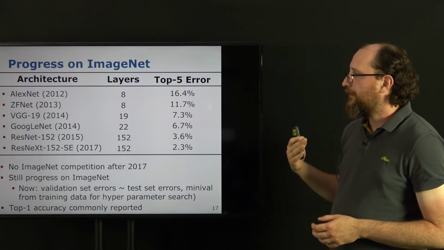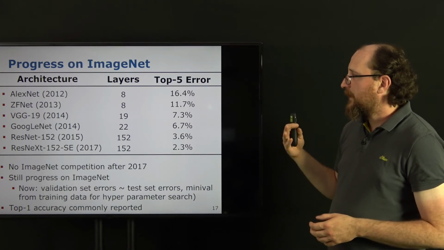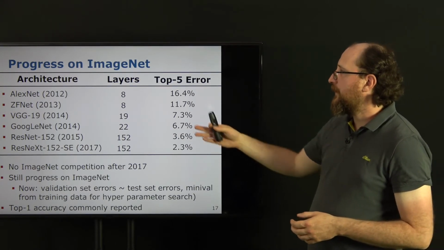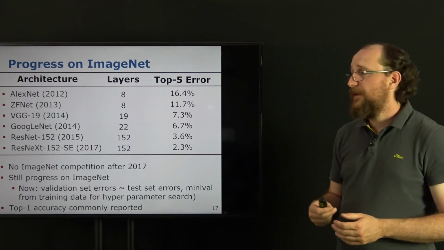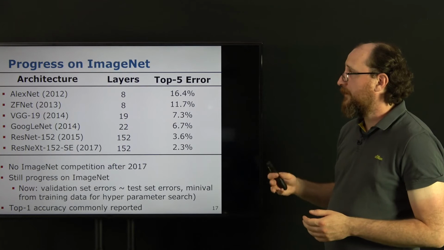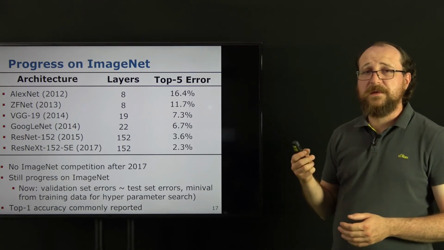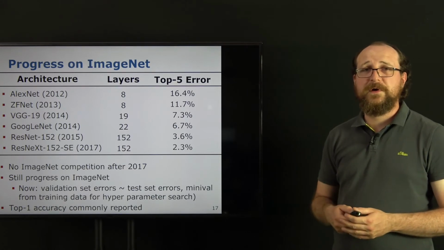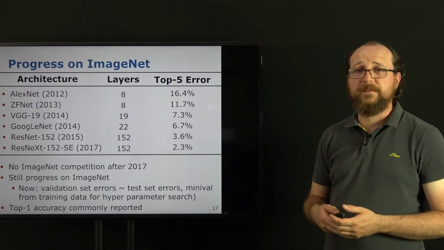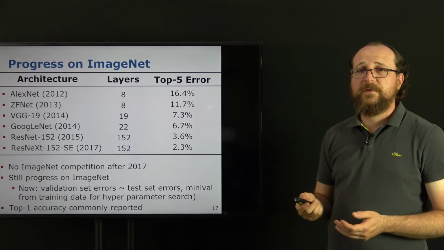So, when we now think of this, we have more layers, we have also more parameters, and a goal now was to reduce the number of parameters, to make it more efficient also to run on robots and mobile phones.